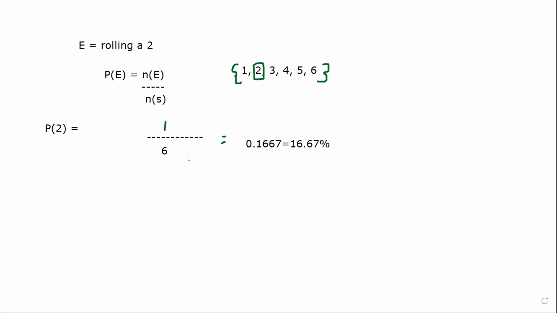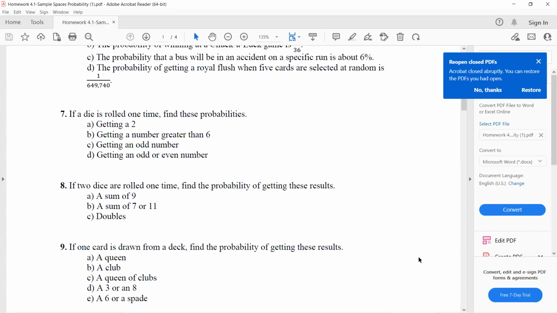What do you think about the next one, which is, let's see what it says. The next one is asking us for the probability of getting a number greater than 6.